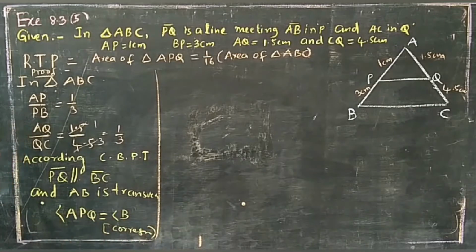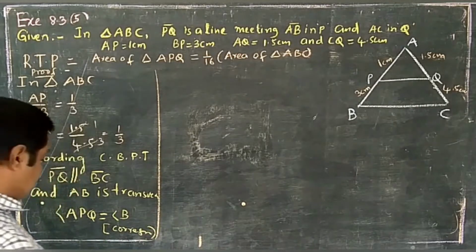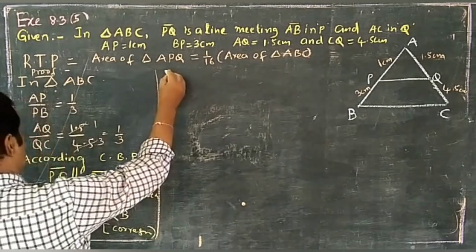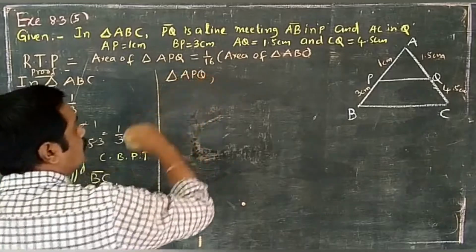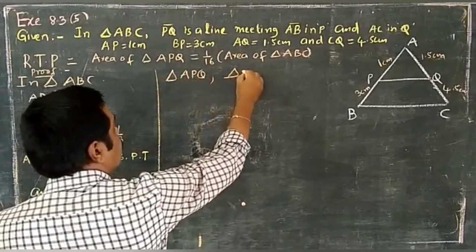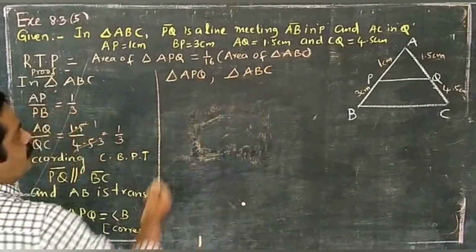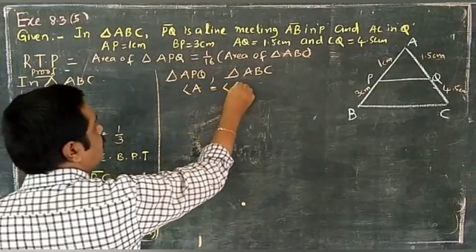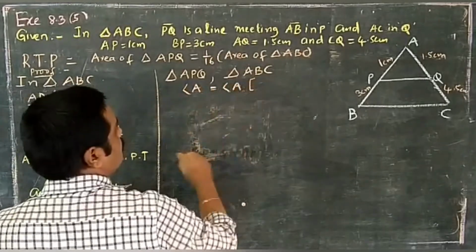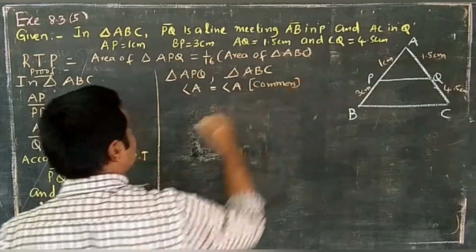Now I am going to check the two triangles, triangle APQ and triangle ABC. In this triangle angle A is equal to angle A in the other triangle, because it is a common angle.